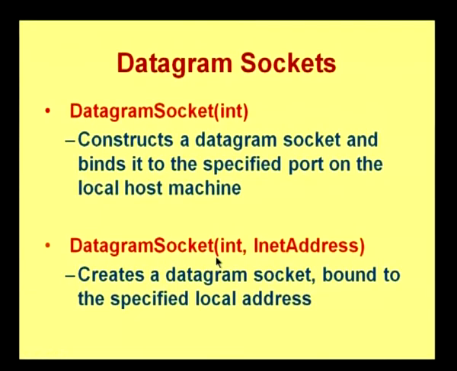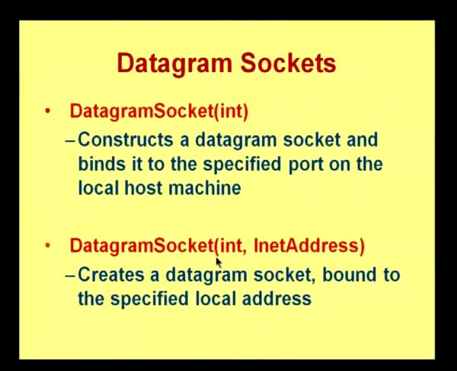Next, we have another constructor, DatagramSocket with a port number. It constructs a datagram socket and binds it to the specified port on the local host machine. So, on my current machine, I give a particular port number on which my datagram socket needs to be created. Through this socket we send and receive the information.